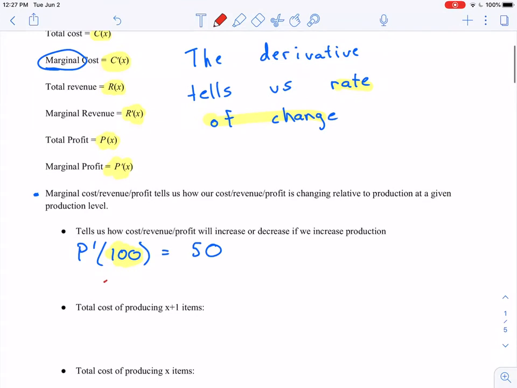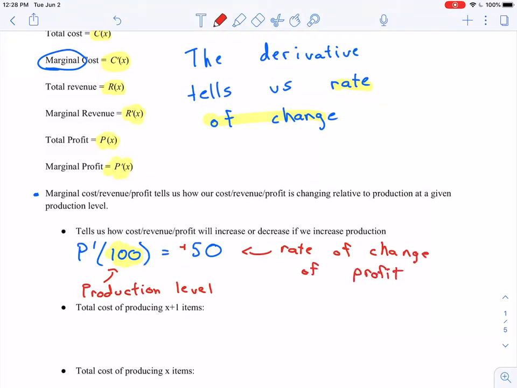This represents my production level. And this $50, what I want to be paying most attention to, is technically a positive $50. This is your rate of change of profit.